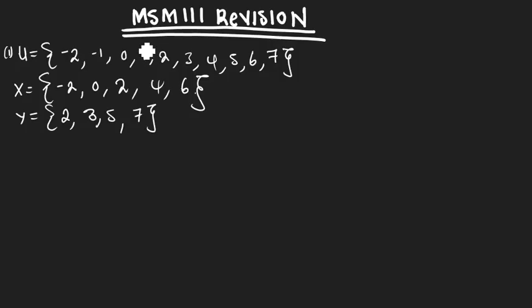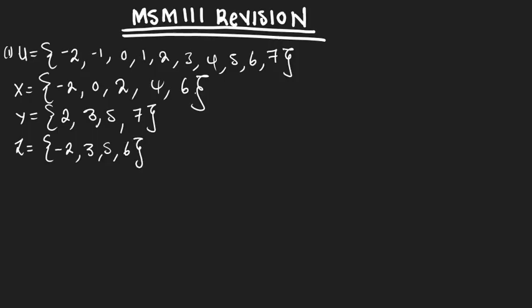And then we're told Z was this set. They said this was -2, then 3, then 5, then 6.